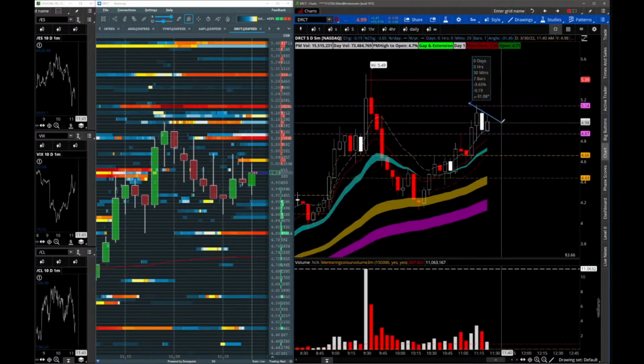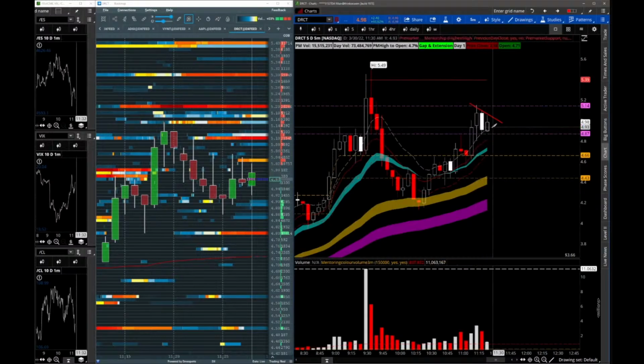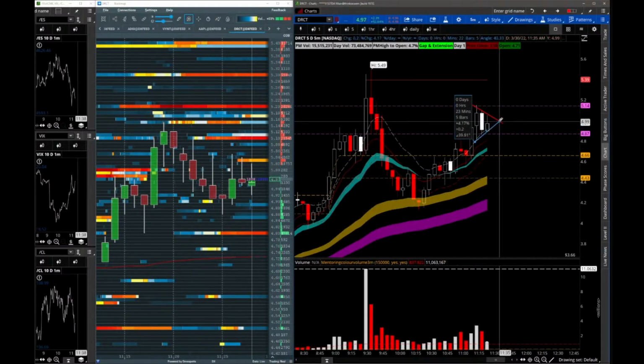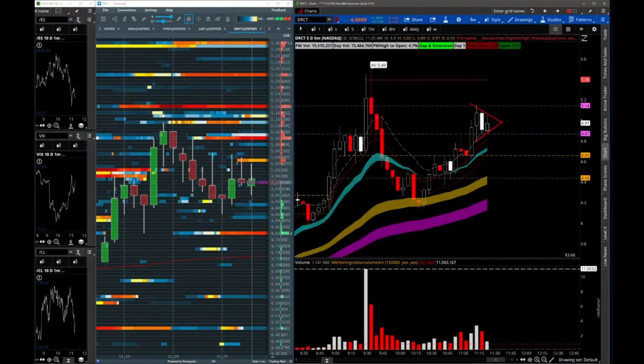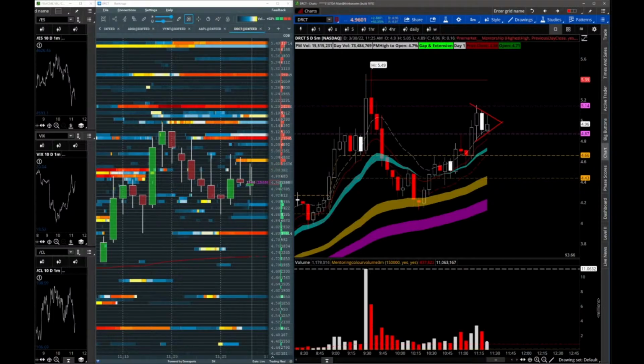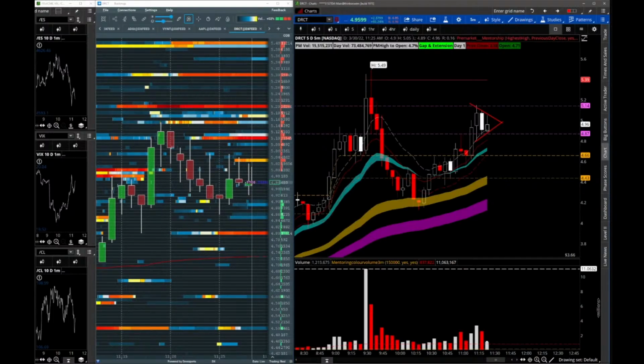If you look at this, traders, it seems a flag pennant. Man, that liquidity is really holding it down there.